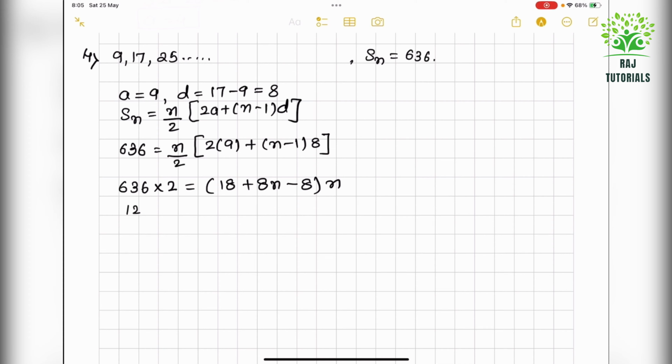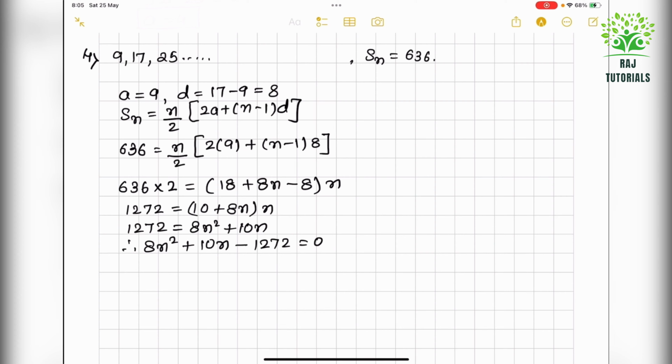Therefore 1272 equal to 10 plus 8n into n. So 1272 equal to 8n square plus 10n. Therefore 8n square plus 10n minus 1272 equal to 0.